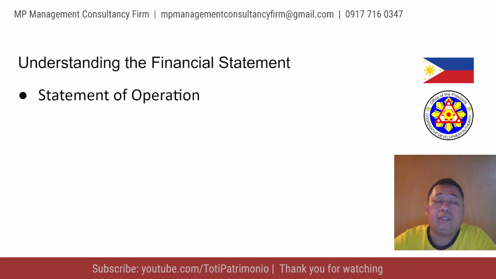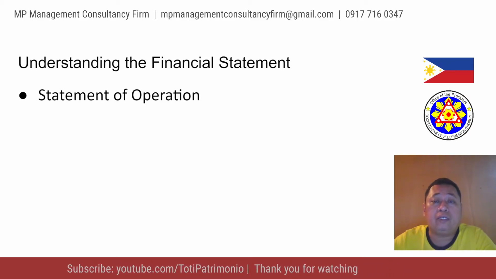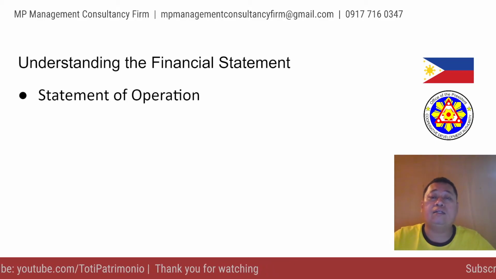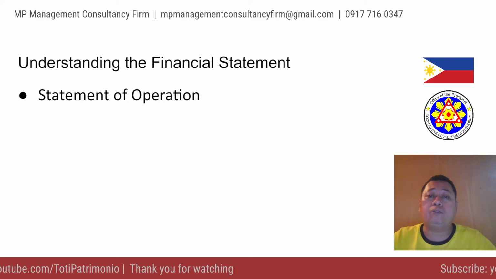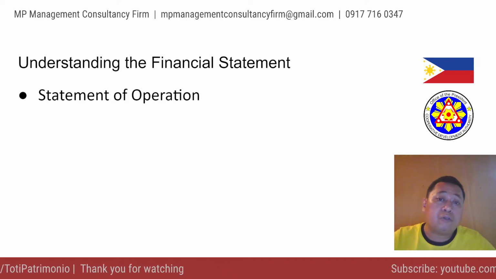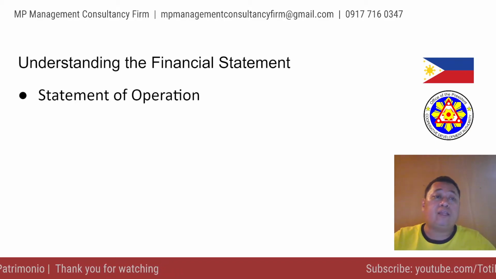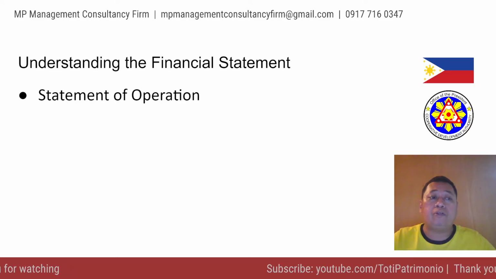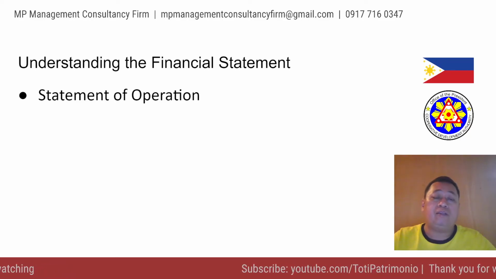The independent auditor's opinion will display his or her opinion on the financial statements. Remember that the opinion released by the auditor is based on a reasonable assurance that the financial statements present fairly in all material respects. It does not give an absolute assurance, but a reasonable assurance that it is presented fairly.